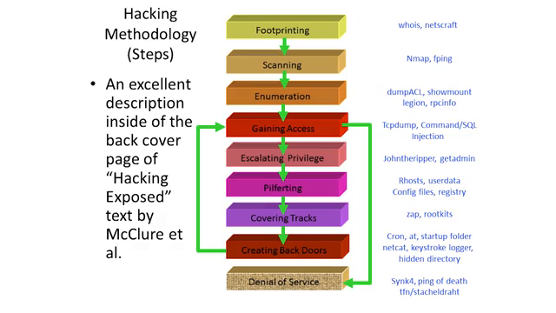The second step is scanning. Here we use the nmap command or one of the famous tools called Nessus. It allows us to find out what machines are within the domain or subnet range, the network address range.